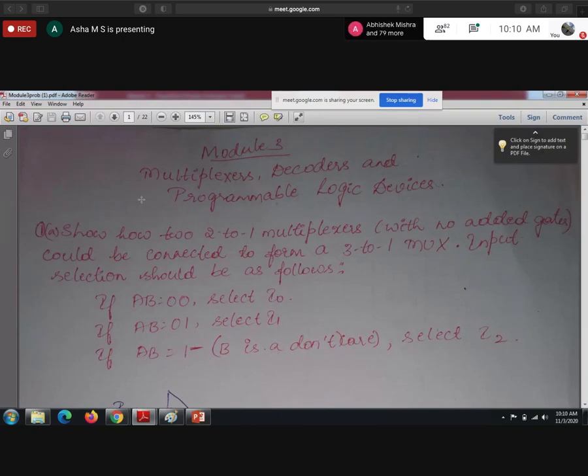Show how two 2 to 1 multiplexers, with no added gates, could be connected to form a 3 to 1 mux. This means we are not going to add any extra gates here. Input selection should be as follows.